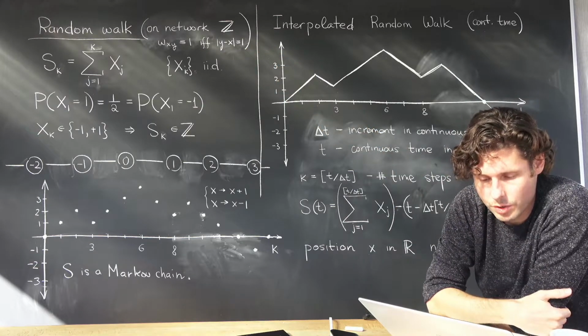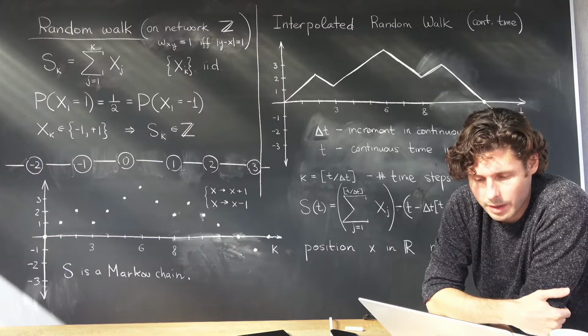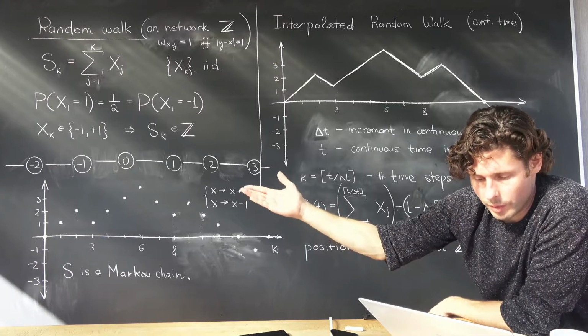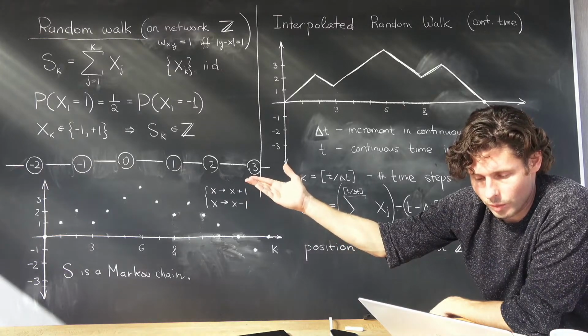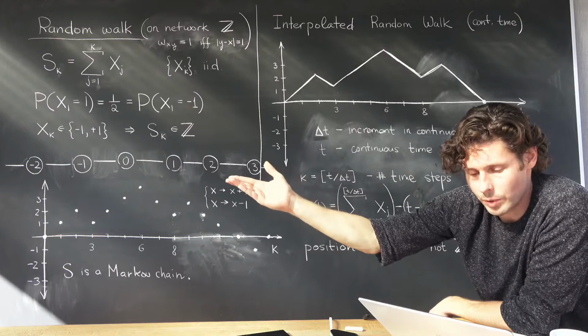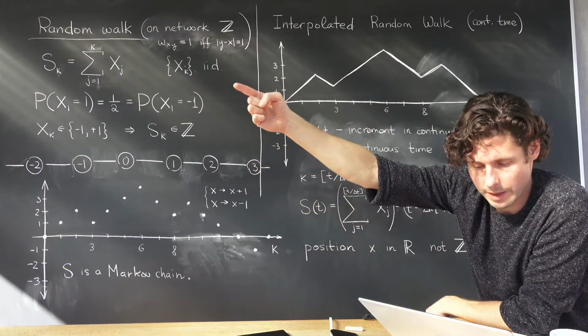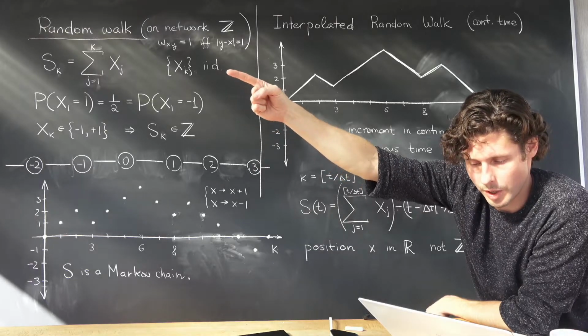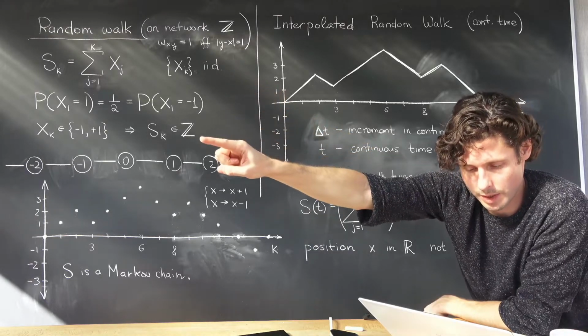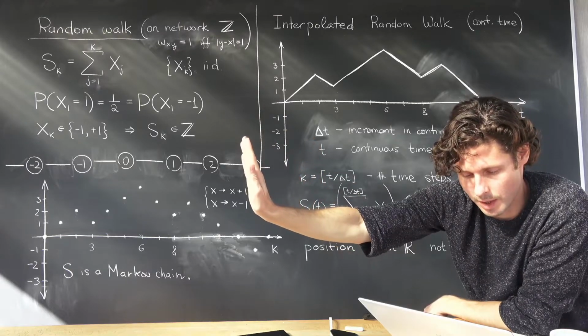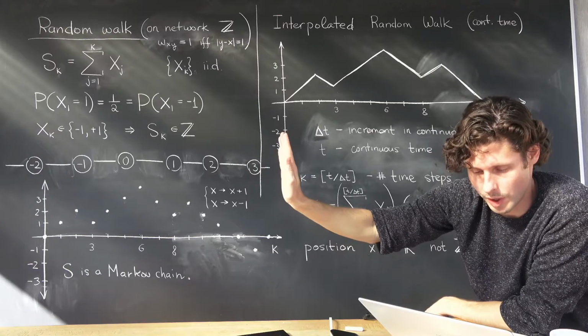So these are just two different ways to talk about the same thing. In one case, I'm talking about a network with a bunch of vertices and edges, and we're moving with equal probability between the two neighbors. And here I'm writing it explicitly as a sum of a bunch of increments. Every increment is either +1 or -1. If I'm moving left, it's -1, and if I'm moving right, it's +1.